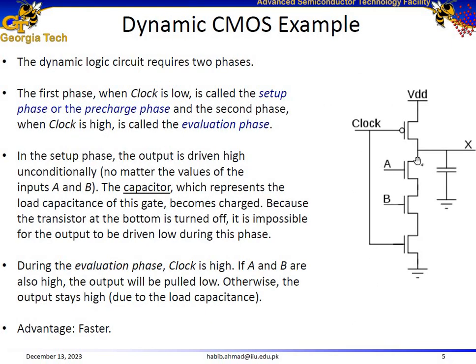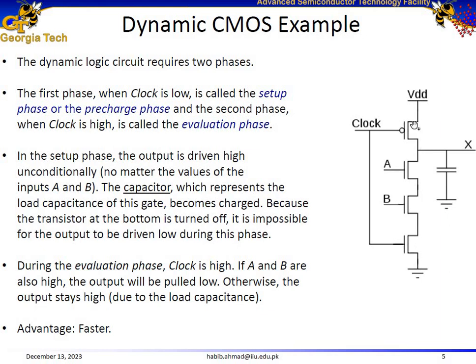Here we have an example of a dynamic CMOS circuit, which involves a clock signal. So initially assume that the clock is low. It means that this PMOS is conducting, while this clock is also connected to this NMOS transistor. So this NMOS transistor would be open.